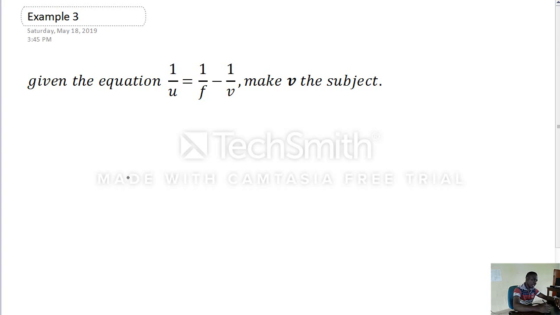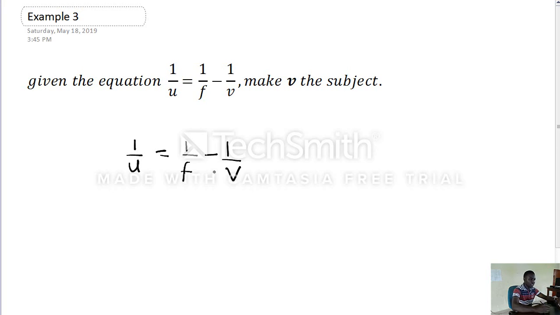So with our knowledge on that, we have 1 over u being equal to 1 over f minus 1 over v. This is the question as given.